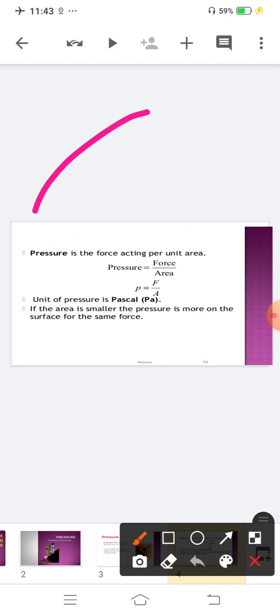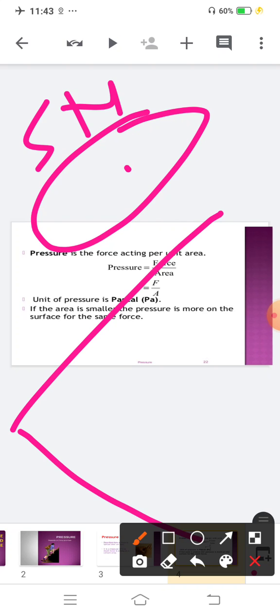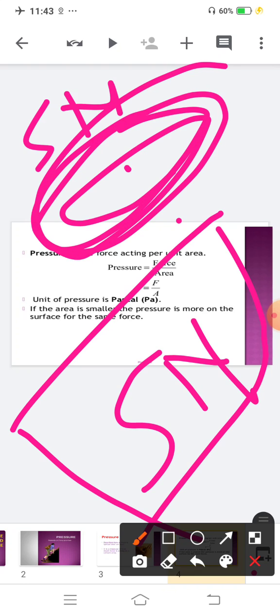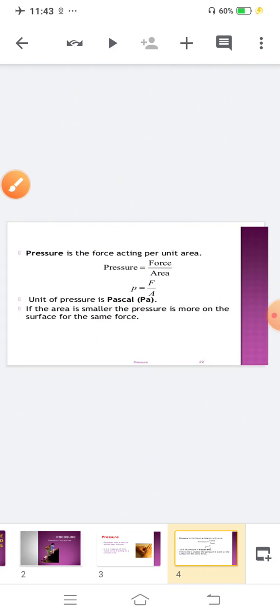That means if your area is less, the pressure will be more. Clear? If you are applying 5 Newton force on this area and 5 Newton force on this other area, the pressure applied with 5 Newton on the smaller area is more effective as compared to the larger one. Clear?